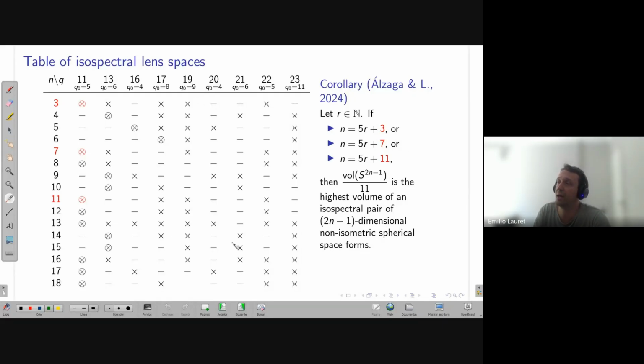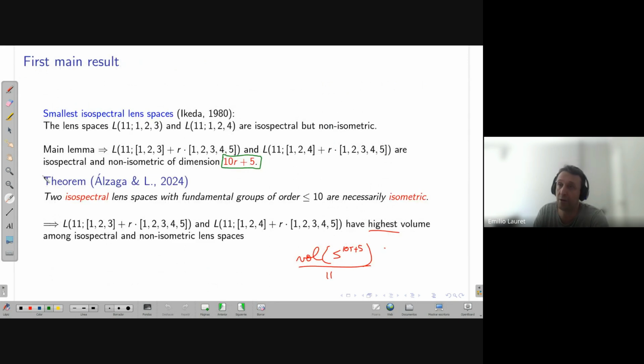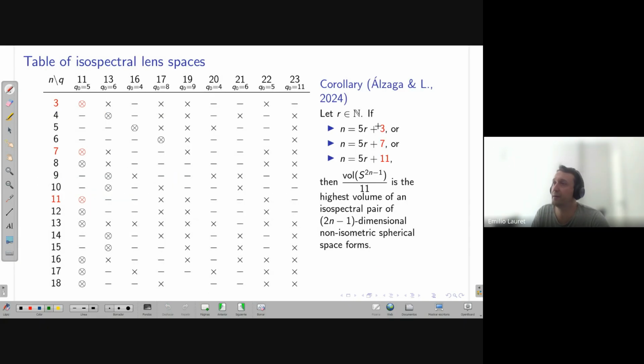And well, another corollary of our main theorem, that is the first main theorem, that is this one. We prove that suppose you have exactly 11 elements in the fundamental group. Okay, if you sum 5, you sum this Q0, you again have this.